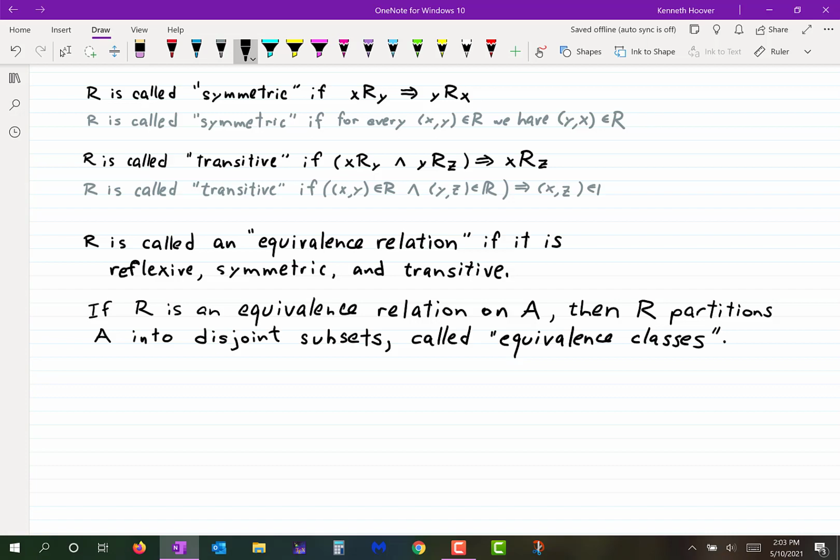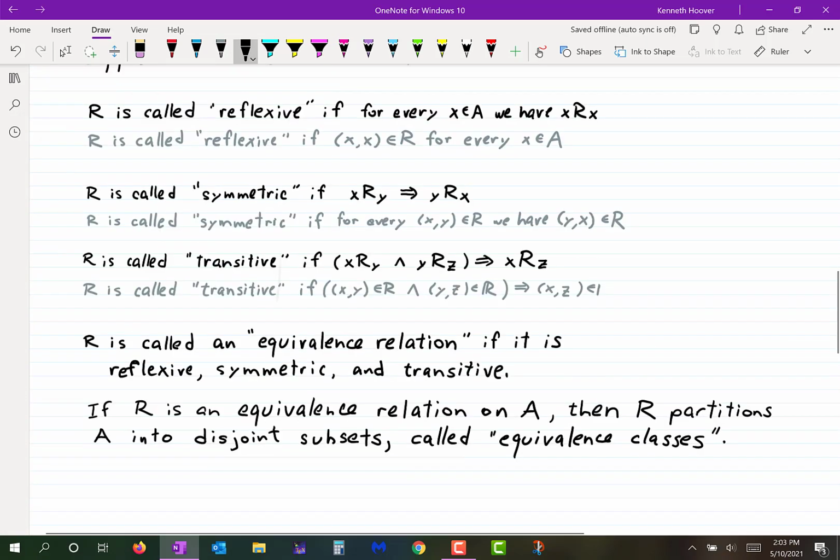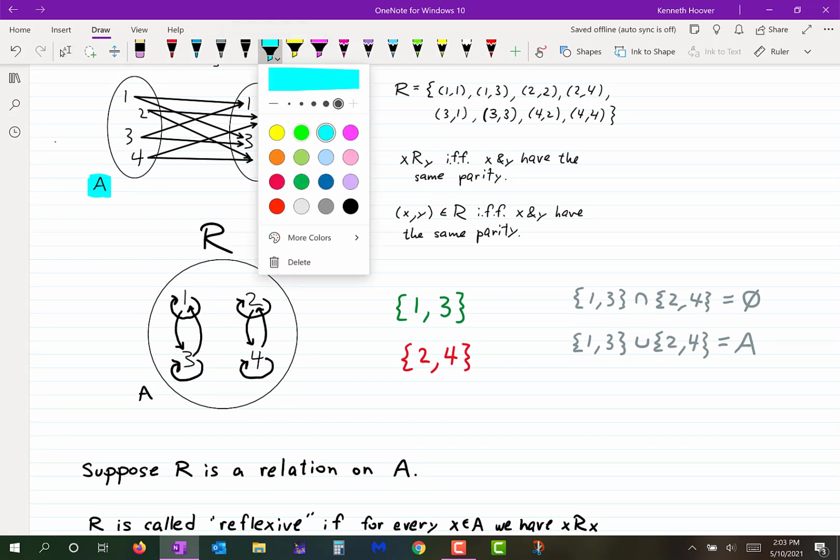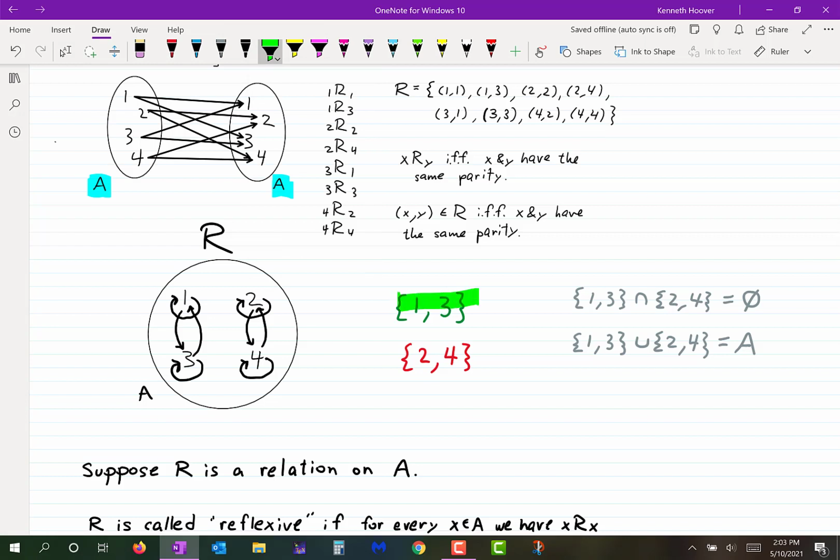Okay, so going back up here, that green set, of course I wouldn't say that's the green equivalence class because maybe somebody else doesn't have colored pencils and they didn't use green.